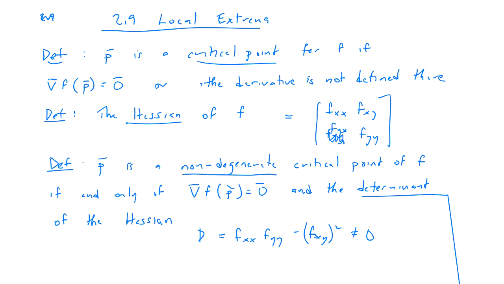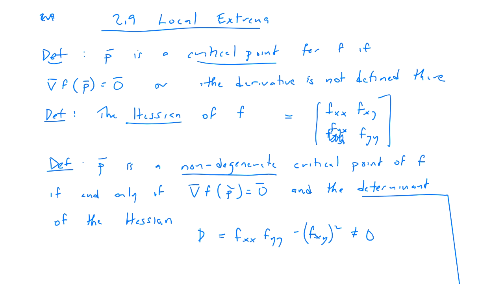The point is called a non-degenerate critical point if the gradient is 0, the 0 vector, and the determinant of the Hessian is not 0.